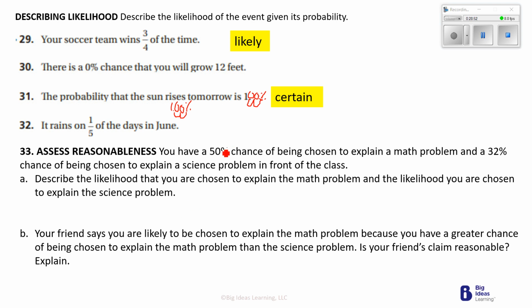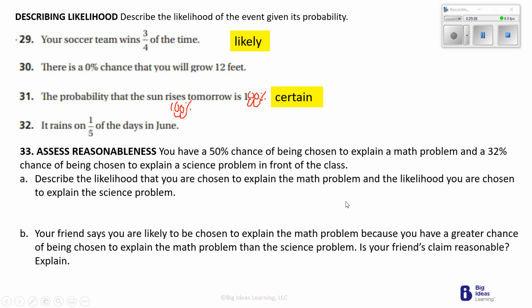You have an equal chance of being chosen to do the math problem as you would not be chosen. But with the science problem, you are more likely to not be chosen than to be chosen.